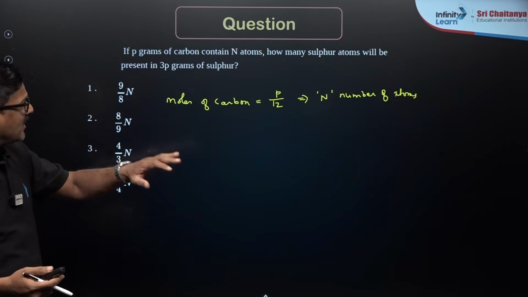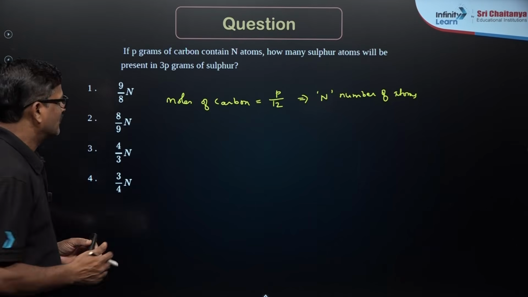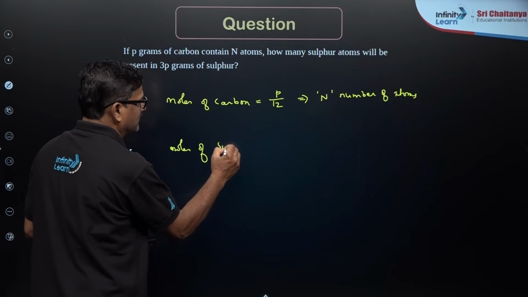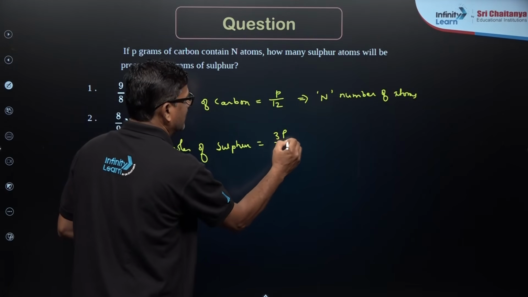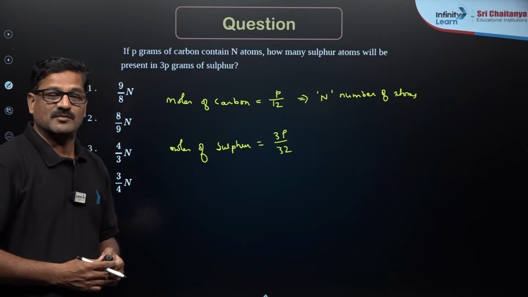And how many sulfur atoms will be present in 3p grams of sulfur? So moles of sulfur is going to be 3p by 32. That should be equated with n number of atoms.